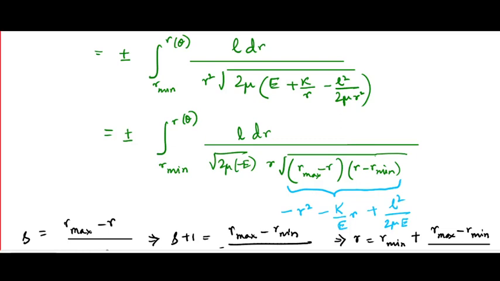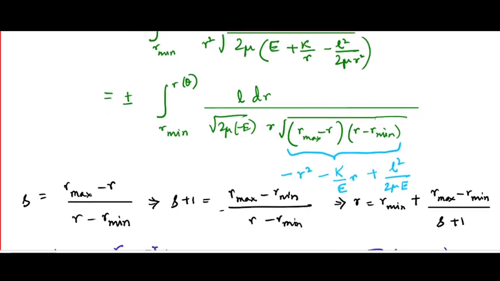And the next thing that we will do here should also be familiar from that: the substitution that we carry out. We take the ratio r max minus r over r minus r min to be s, and that essentially tells us that s plus 1 is directly related to r minus r min, and indeed it can be rewritten to give you r equals r min plus r max minus r min by s plus 1.